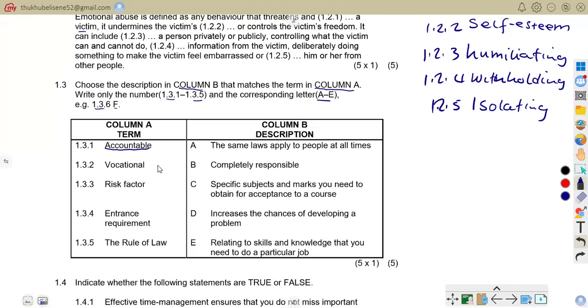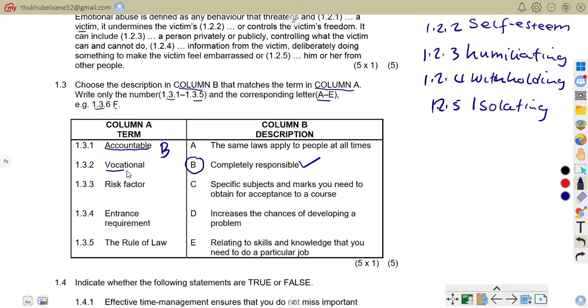When we talk of accountable to people, we're talking of being responsible for your actions, able to explain or accept the results. So let us see what matches this. So you can see then that 1.3.1 is B, completely responsible. Like I've said, when you're talking about accountable, you're talking about being responsible for your actions or able to explain or accept the results.